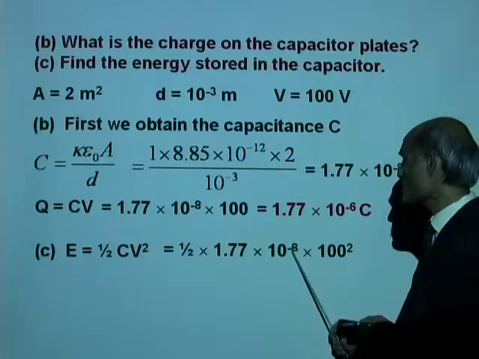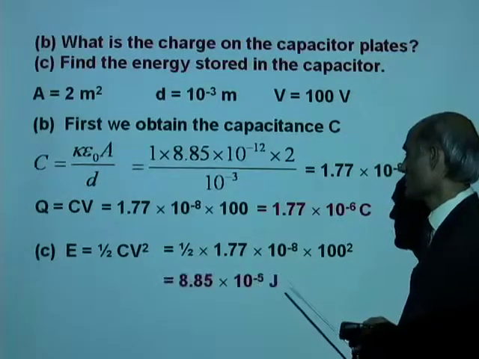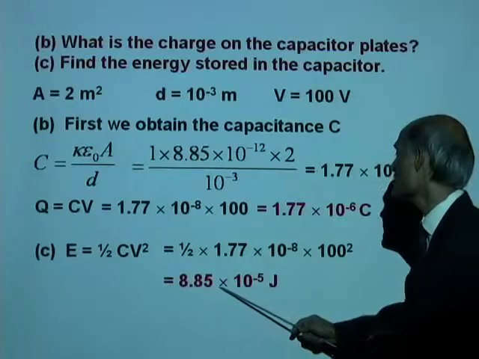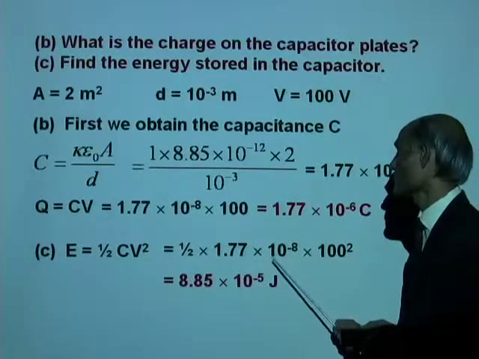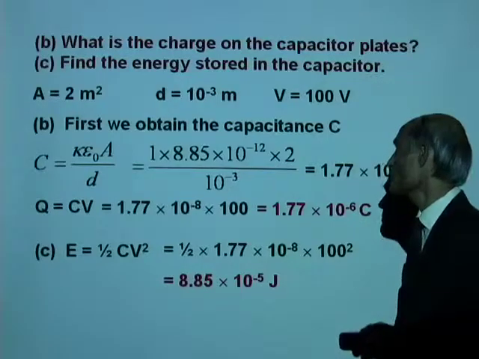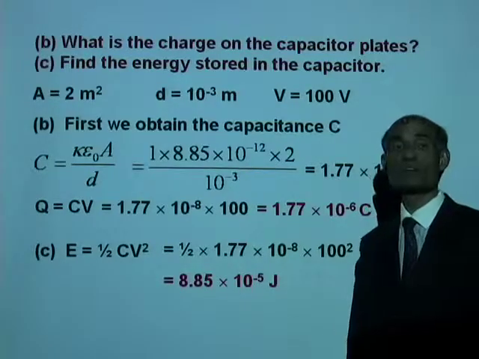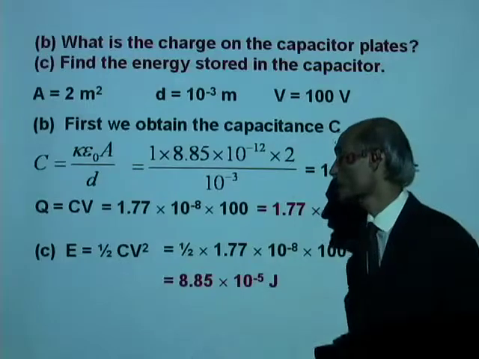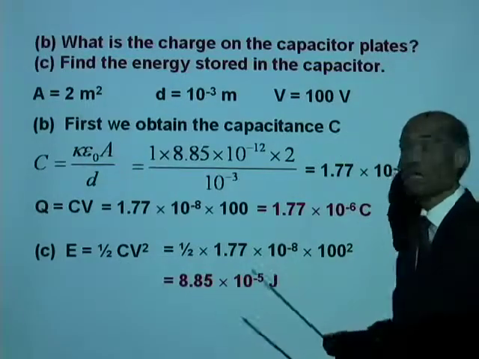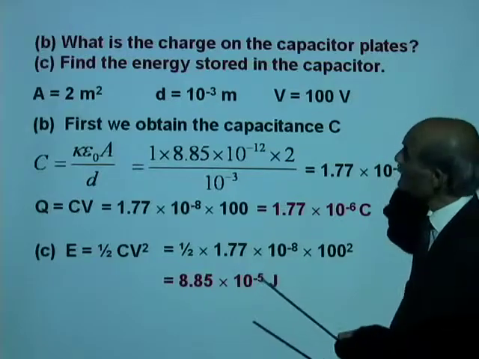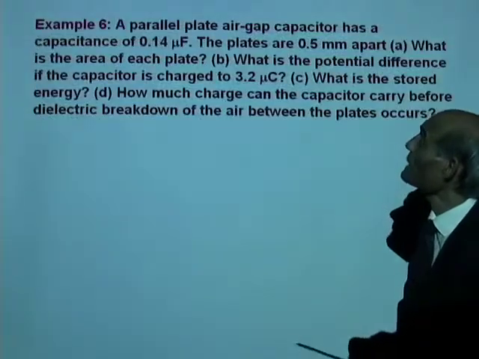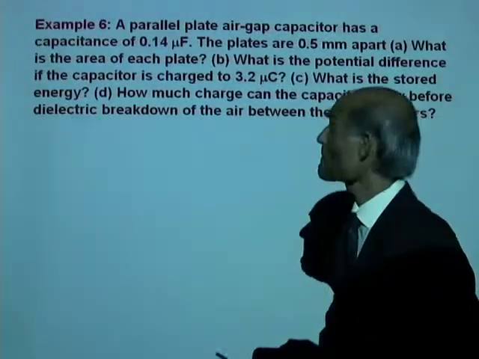So that must be 10 to the negative 6. And see if this is correct by making that correction. Alright? 8.85 times 10 to the negative 5 joules is the energy. If it is not correct, you got to do the correction on your own. Alright? Let's go and look at another problem.